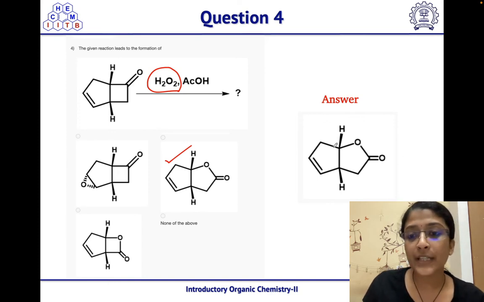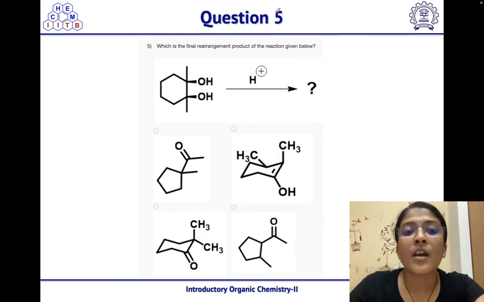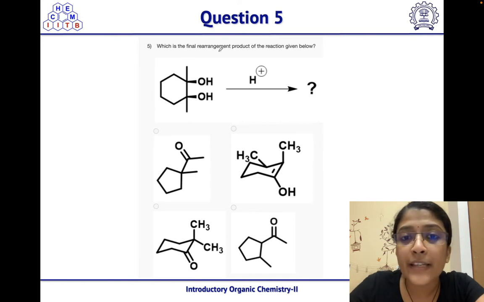Now coming to question number 5, which is the final rearrangement product of the reaction given below. So here a pinacol kind of system, a diol, they have given, and they have treated it with H plus. So what is the reaction that will take place here?